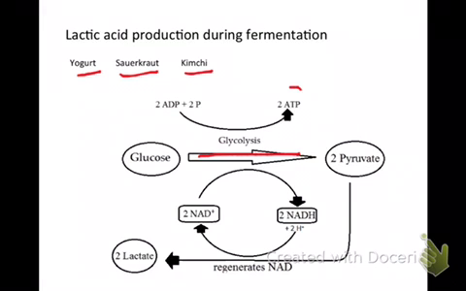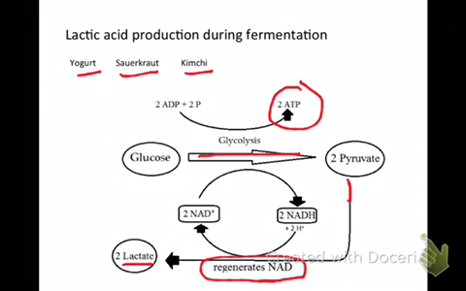In the process, this is important for the organism because it gives them ATP for energy, but the pyruvate ultimately gets converted to 2 lactic acids, lactate, or also known as lactic acid, and again, that's to regenerate the NAD for the cell.